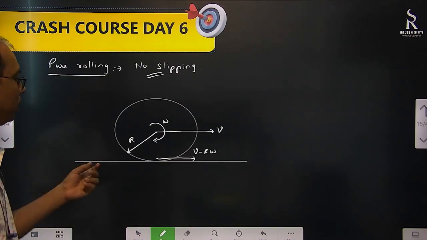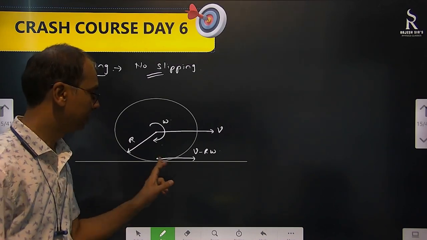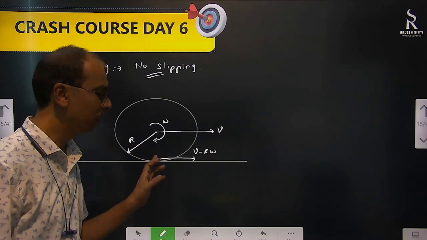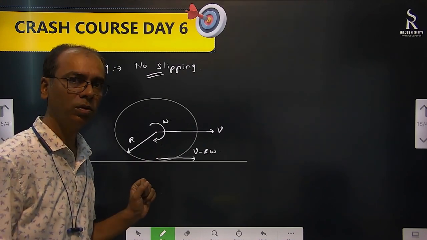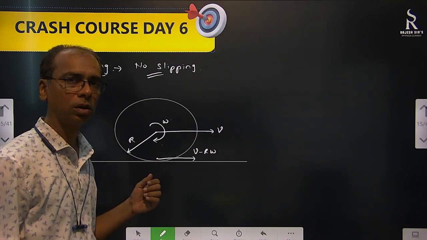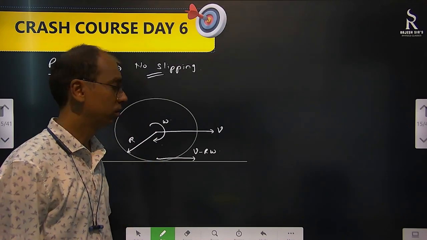So, if it is having velocity, this is going to slide on the surface. If the bottommost point has any velocity, it has to skid on the ground, no? So then this will slip. In which case will it not slip? When this velocity is 0.